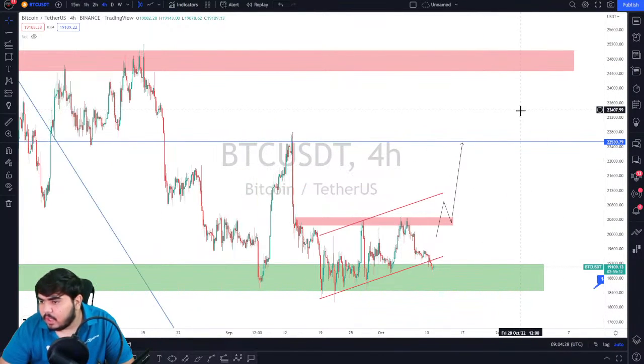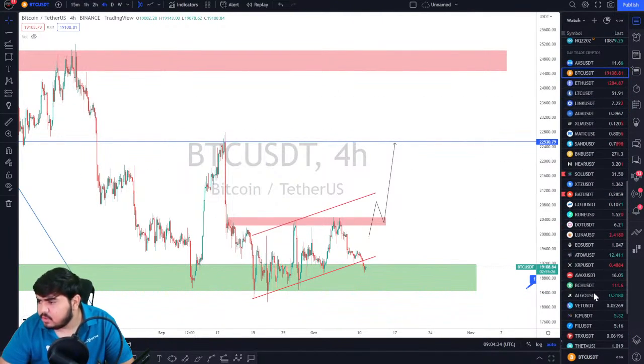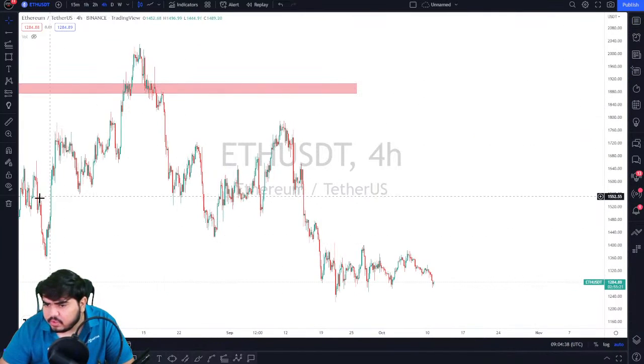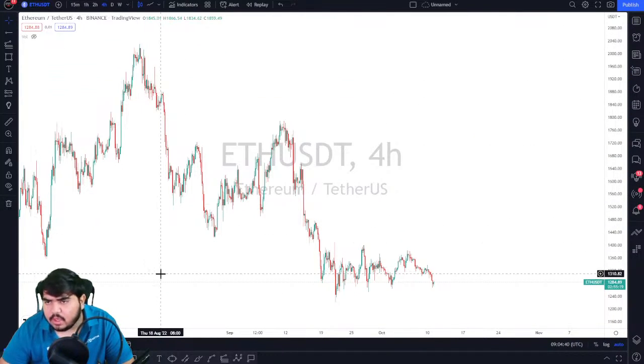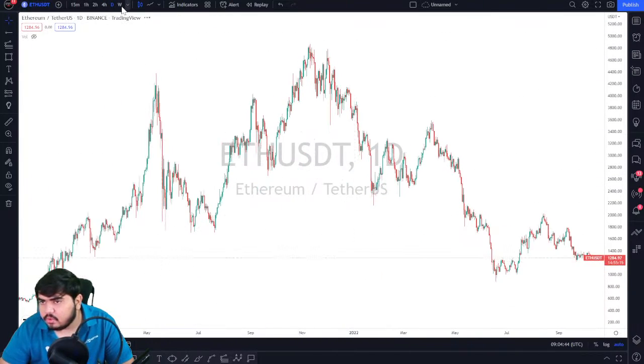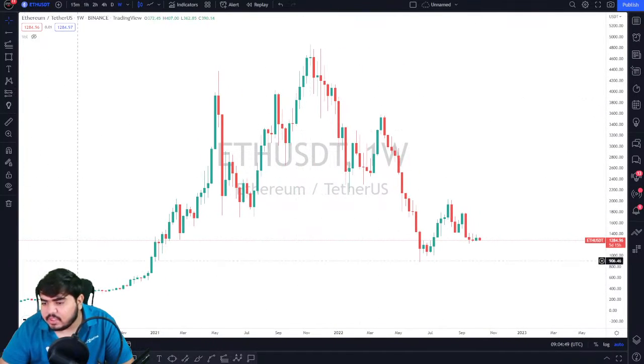Now, with that being said, let's have a look at some indices. Before going to indices, maybe we can just check out the Ethereum. So let's have a look at what is going on the Ethereum chart. This is the weekly time frame. Obviously, we can see that the market has completed its ABCD pattern right here.